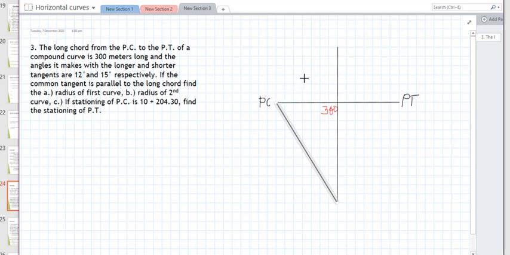So we should have here the PI. So let's say this is the point of intersection.